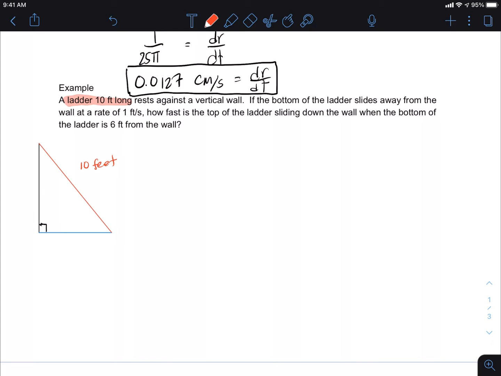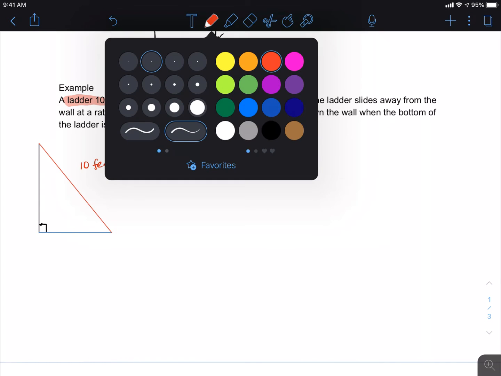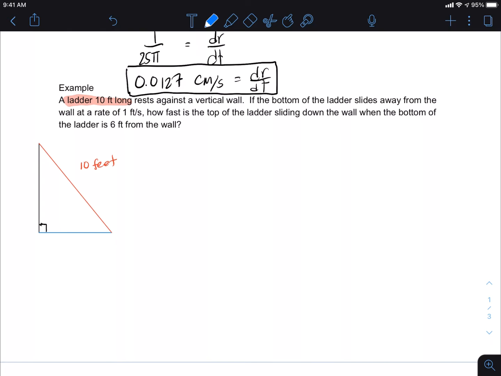If the ladder slides away from the wall at a rate of 1 foot per second, how fast is the top of the ladder sliding down the wall when the bottom of the ladder is 6 feet from the wall? So this is going to be 6 feet, and we'll call that x.